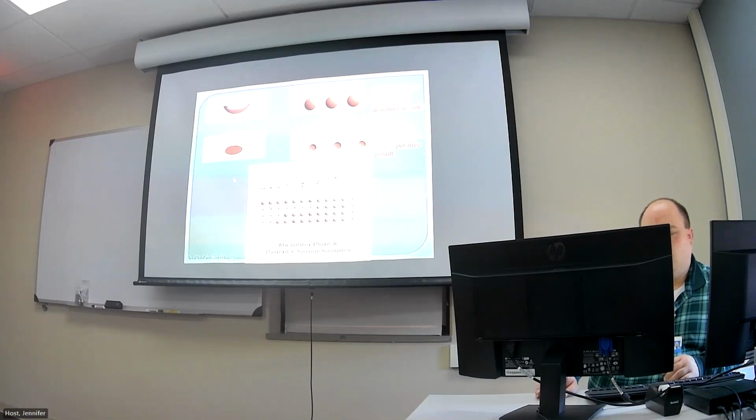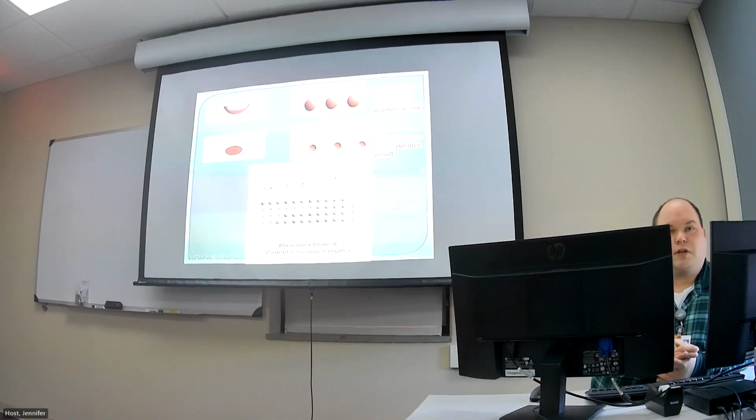Right, so if we have patient A here along the top, is this positive or negative? Does the patient have antibodies? Zero dilution. Does the patient have any antibodies whatsoever?